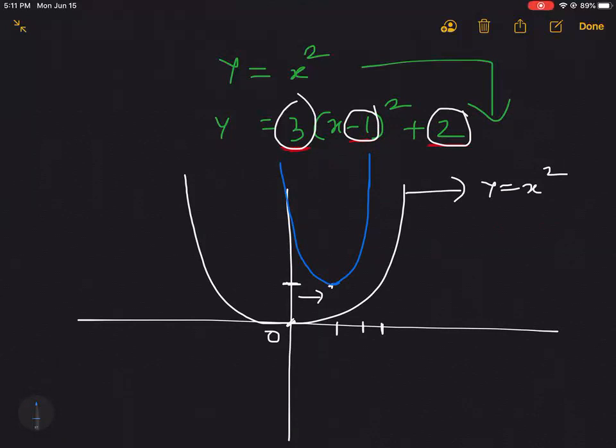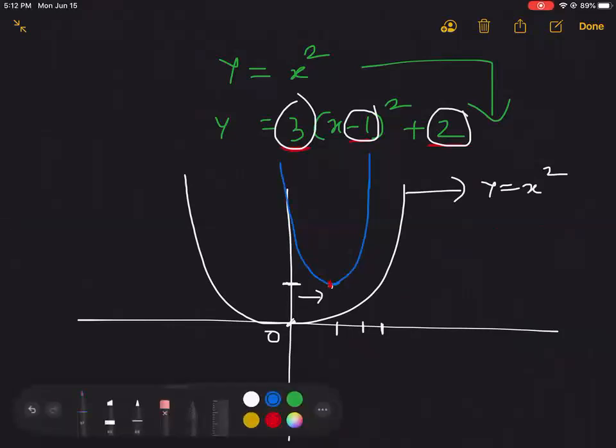Now, as we have the graph, we can actually see the vertex. And of course, we want to see the axis of symmetry. So this is our vertex as per our definition.